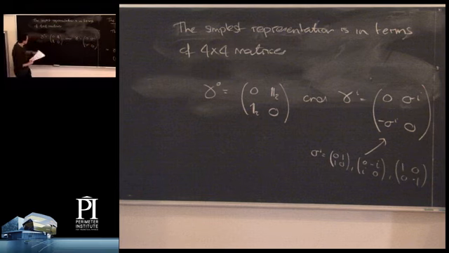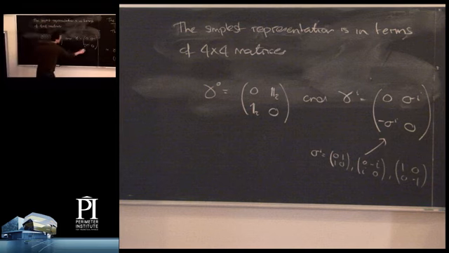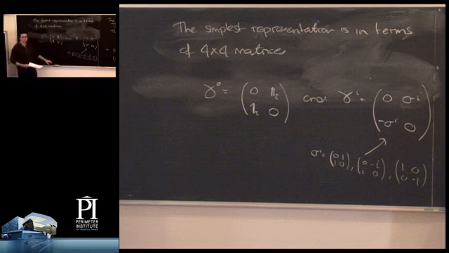The 4 by 4 matrices are written in 2 by 2 blocks, and these sigma i here are the Pauli matrices, which should hopefully be familiar.